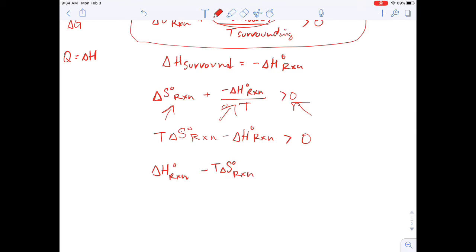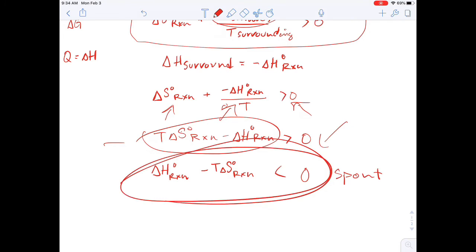So what I did is I multiplied both these terms by a negative, which has no effect, but now it's going to be less than 0. So if the enthalpy of the reaction minus the absolute temperature times the entropy of the reaction is less than 0, this is spontaneous. And this is the formula that we're going to use all the time.